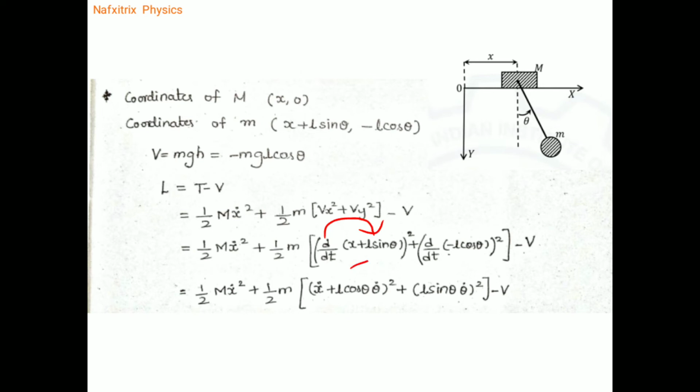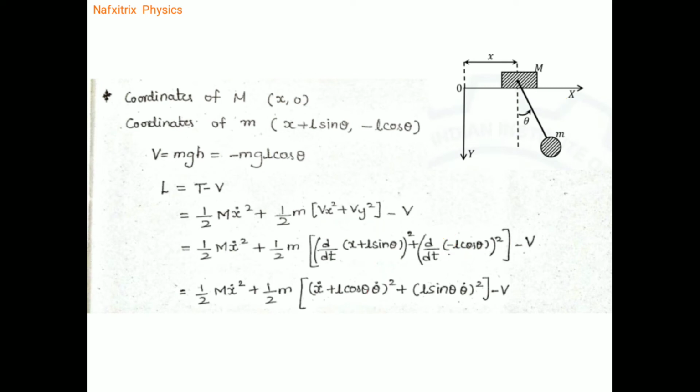The differentiation of sin theta is cos theta, and theta is also changing with time, because this is oscillating, so we differentiate theta separately, giving theta dot. And here the differentiation of cos theta is minus sin theta, L being a constant, so minus into minus gives plus sin theta, again theta dot, and whole square.